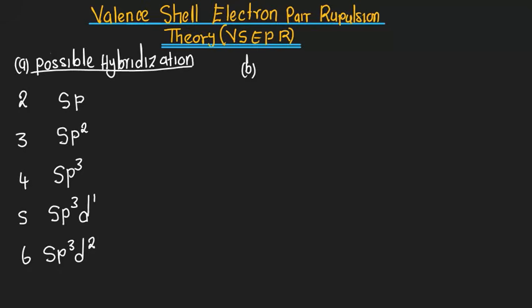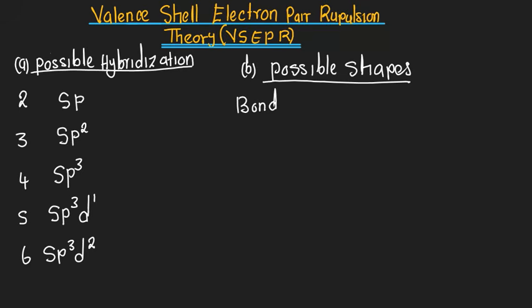So please make sure you understand the possible shapes that could exist. What is going to determine the possible shape? The possible shape is determined by the number of bonds in the compound.